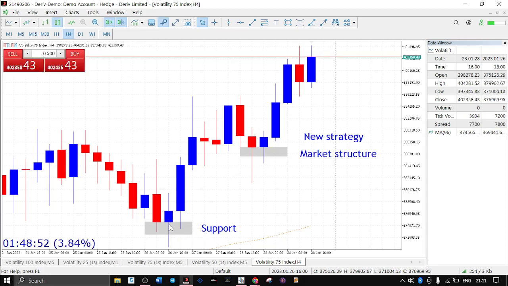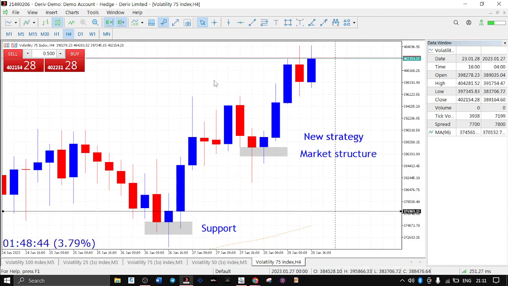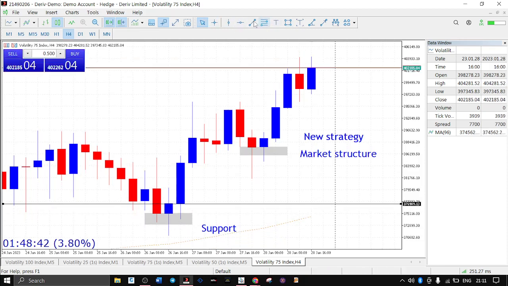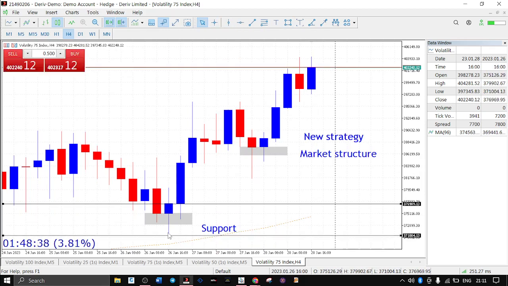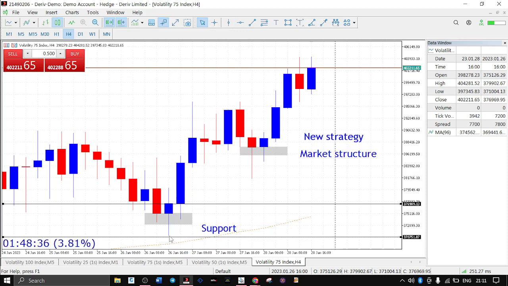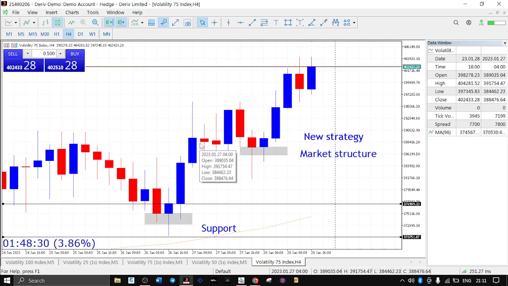If I'm to make an operation, I will consider a buy here. When I buy around this region, I put my stop loss slightly below this candle. You see the market came down and took off to the upside. It respected my stop loss.